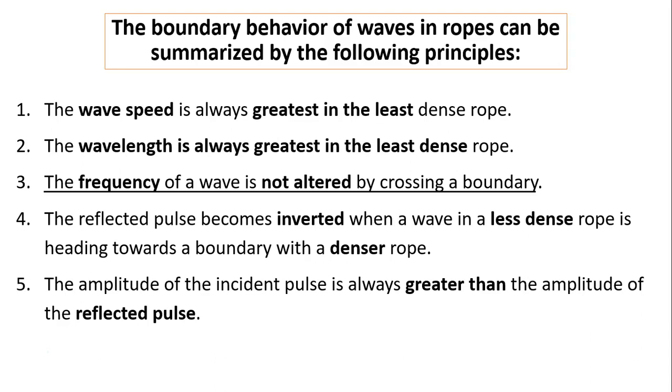But the reflected pulse is not inverted if it's traveling from a denser to a less dense medium. The amplitude of the incident pulse is always greater than the amplitude of the reflected pulse. That's kind of common sense, because the reflected pulse always loses some energy.